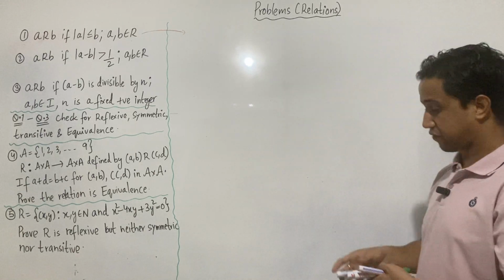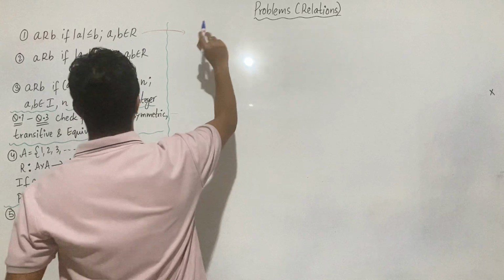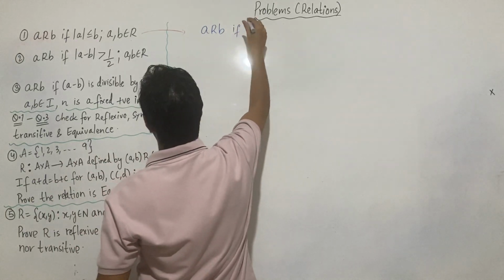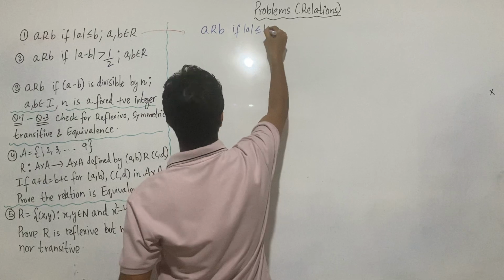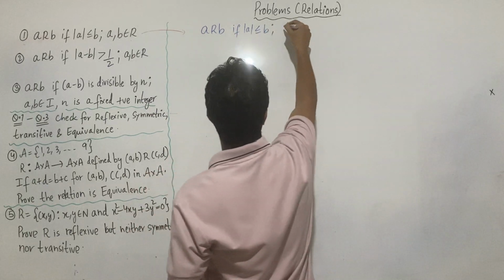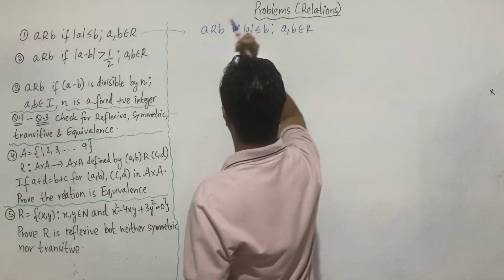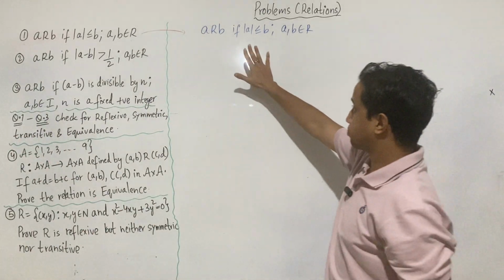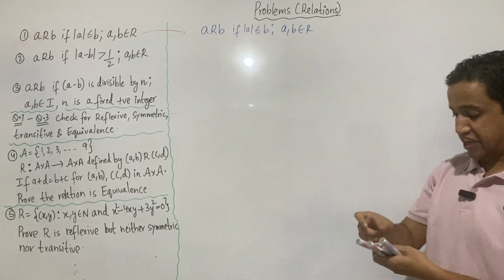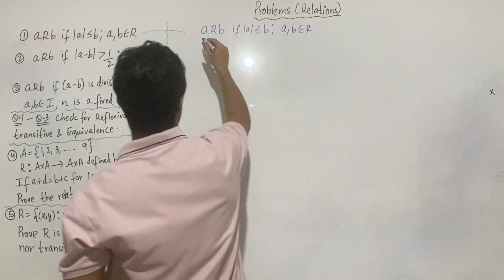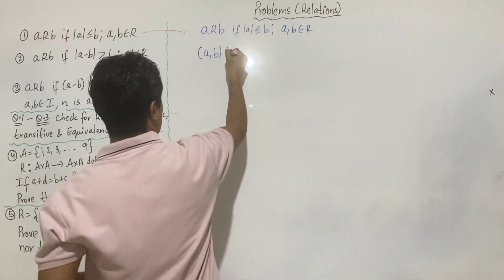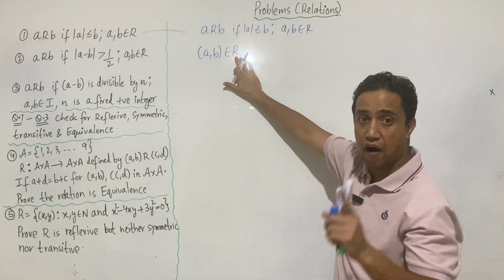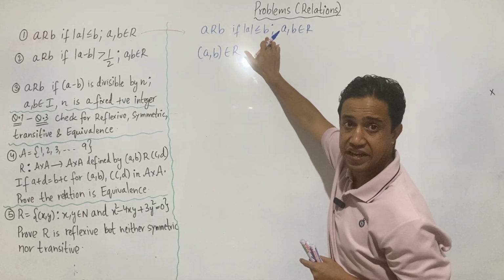First of all, see what is given to me. We are given a R b if |a| is less than or equal to b, for all a, b belongs to R. The other way to write it is: the ordered pair (a, b) belongs to the relation R, and the a and b that belong to the relation are those that satisfy this condition.